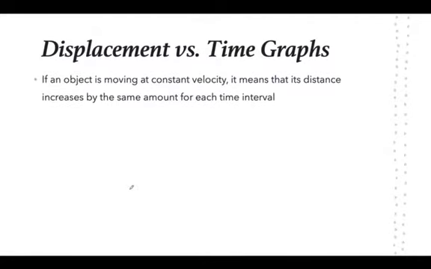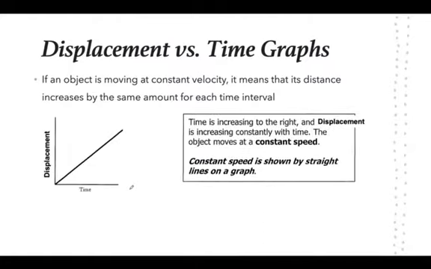Now, if an object is moving at constant velocity, it means that its displacement increases by the same amount for each time interval. So we would have a graph like this. If I were to choose a time interval from here to here, then I could find the change in displacement by just looking from here to here. And this would be my change in displacement, delta x.